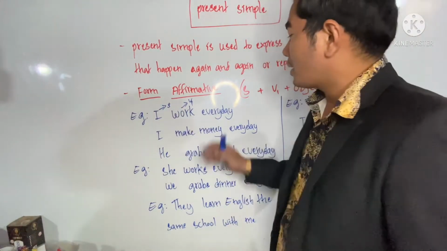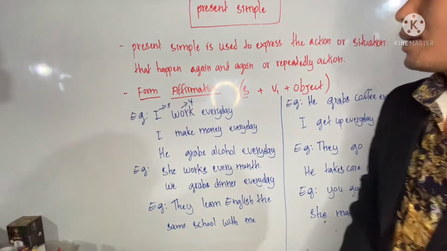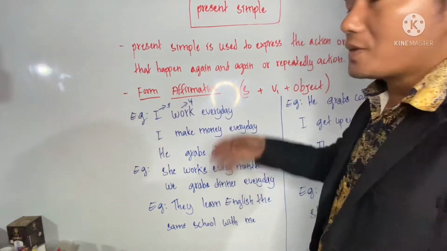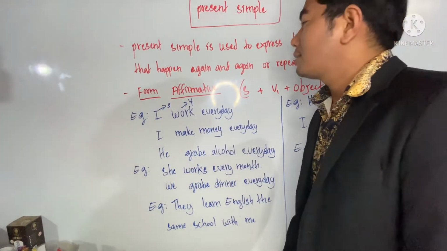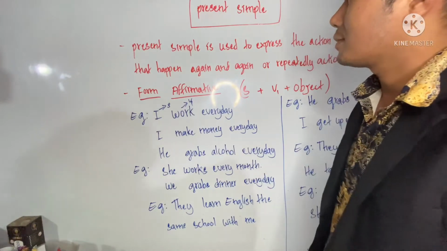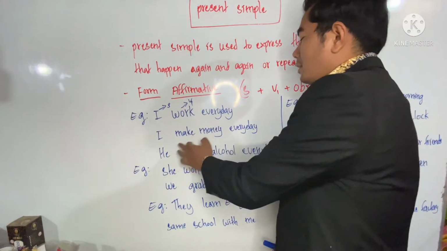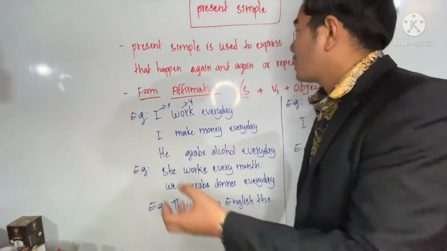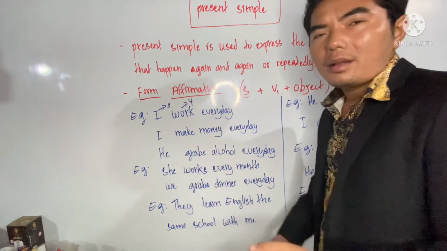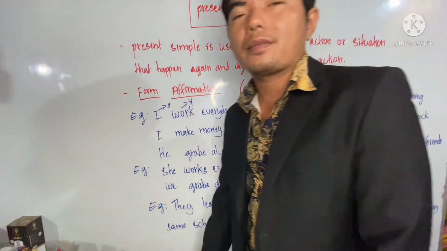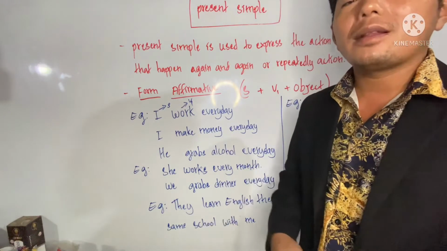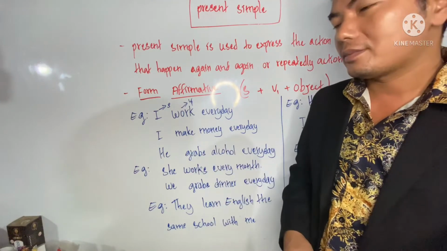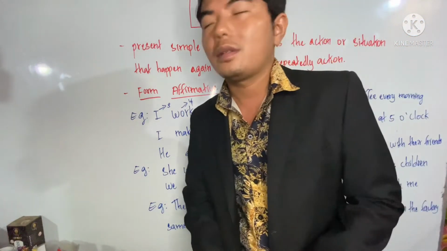I work every day. Affirmative, negative, and question statements. Affirmative: I work every day. I make money every day. That happens again and again, or repeatedly, but it's not finished yet. It still happens again and again in your life, in your life journey.